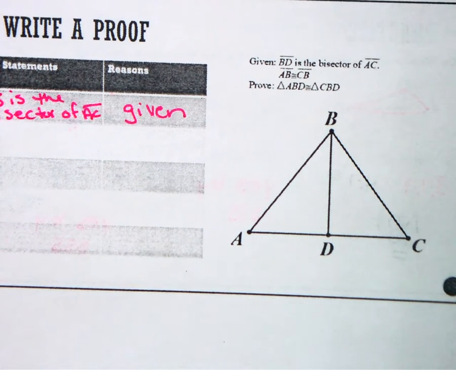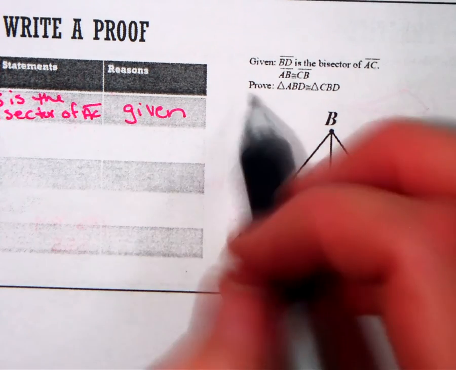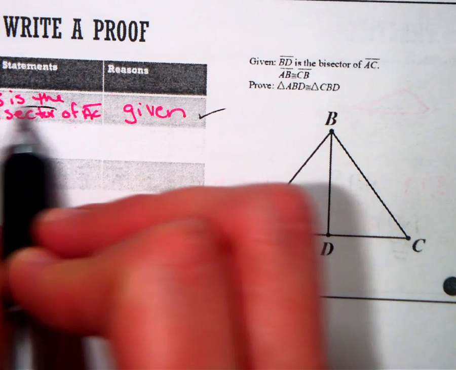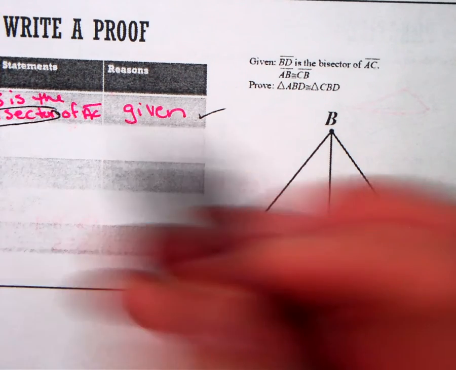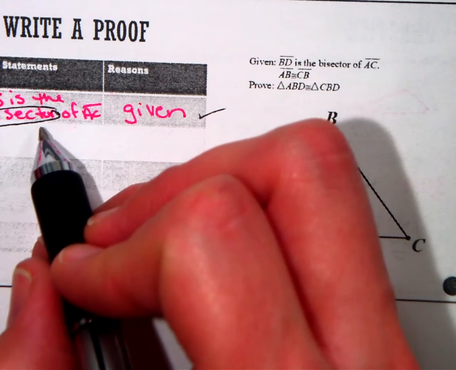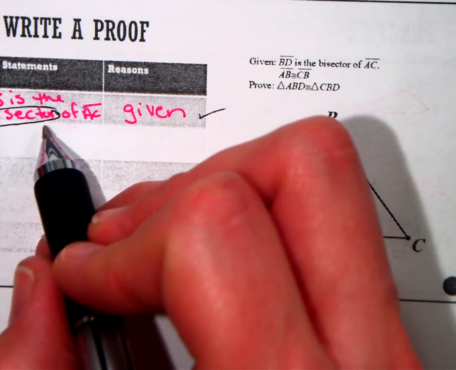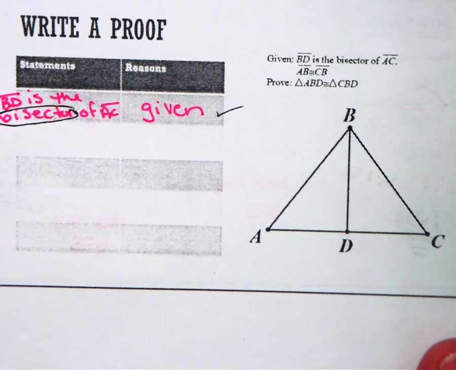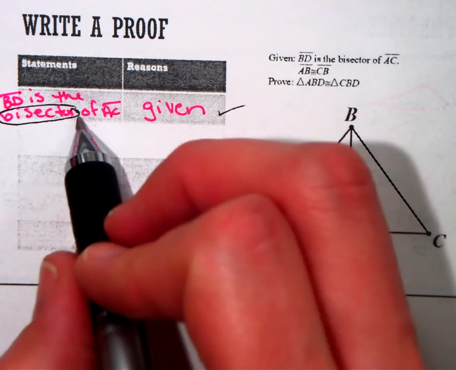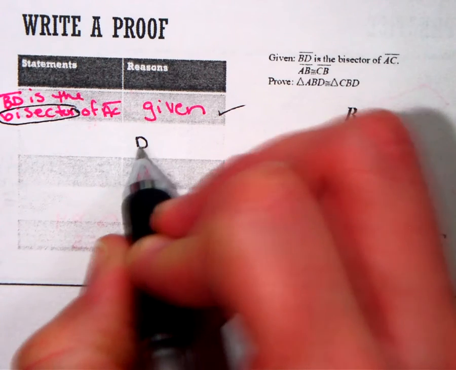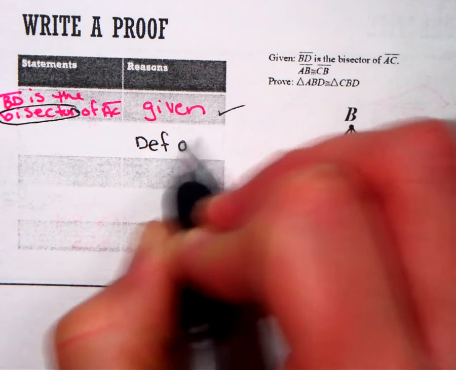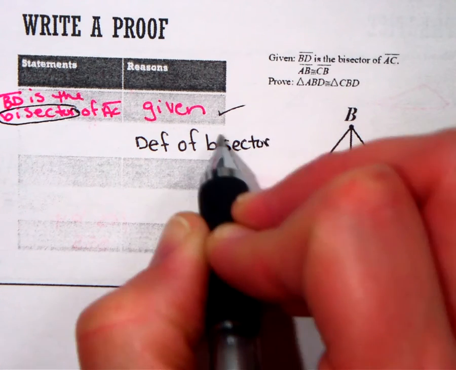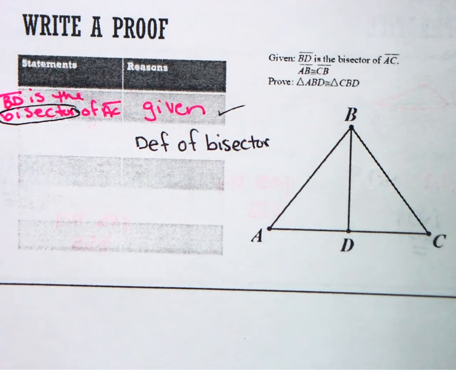Now, in our process, we said we write the given, did that, and then we use the given. So the fact that it is a bisector, the definition of that word is going to help us get another piece of information from the diagram. So what I'm going to do is I'm going to write in the second step, definition of bisector. The definition of that word is going to help us figure out what is congruent.